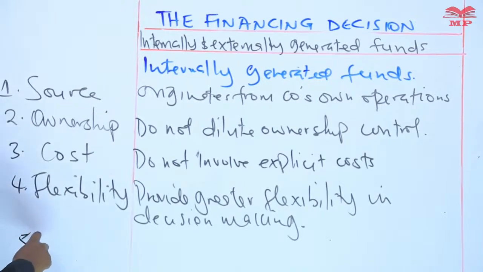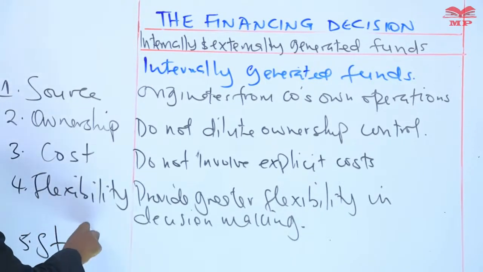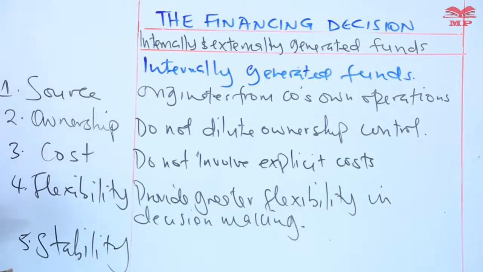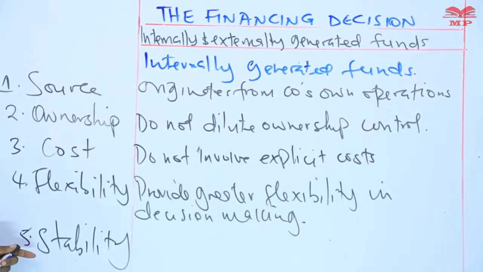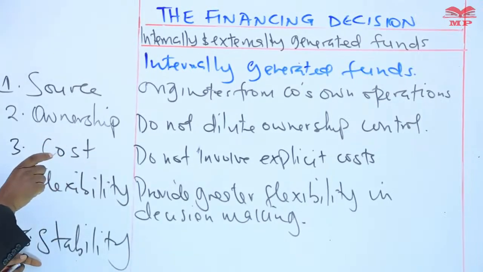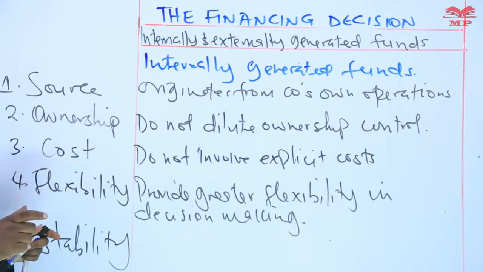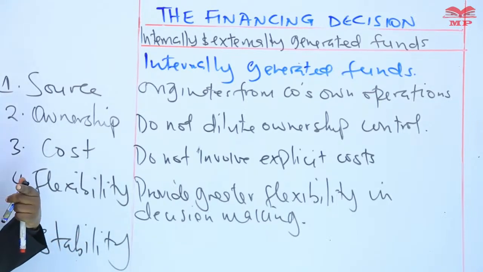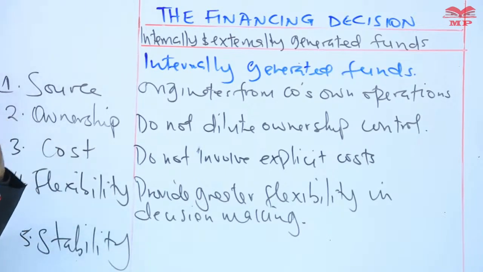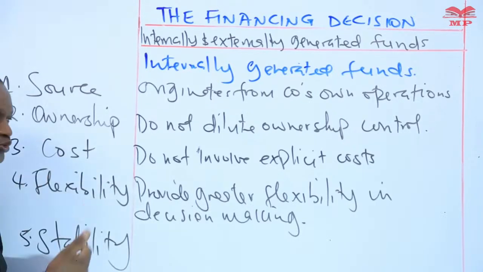Number five, financial stability. When a company relies on internally generated funds, such a company enhances financial stability, especially during economic downturns. Why?